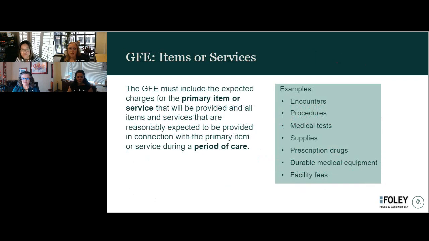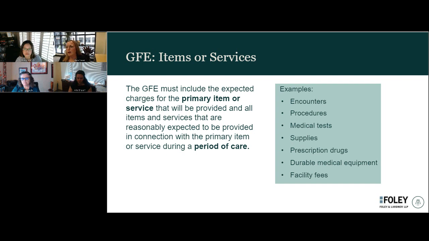Thanks, Mandy. The good faith estimate must include the expected charges for the primary item or service that's going to be provided to the patient during a period of care. Notably, a period of care is defined from admission through discharge. If separate good faith estimates are needed for things beyond the period of care, those can be provided by those particular providers. Some examples of a primary item or service are listed on the screen.